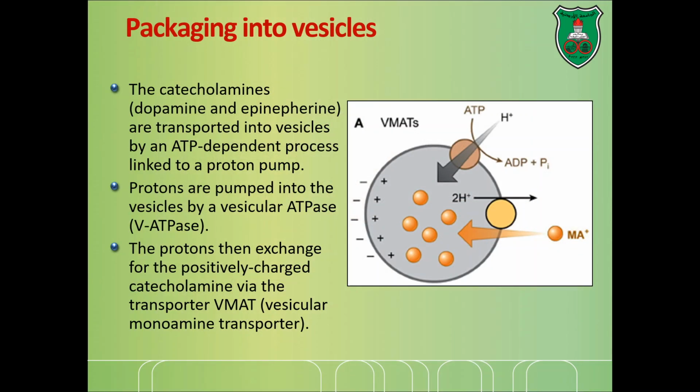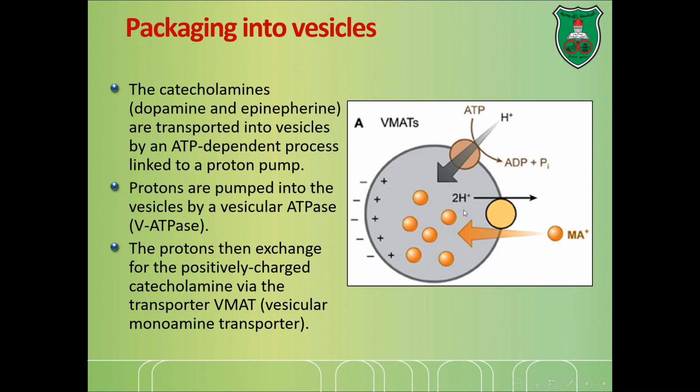So how are the catecholamines, specifically dopamine and epinephrine, packaged into these synaptic vesicles? Well, what's needed here is a proton pump, an exchanger. It's a pump that exchanges the monoamines with protons. Okay.